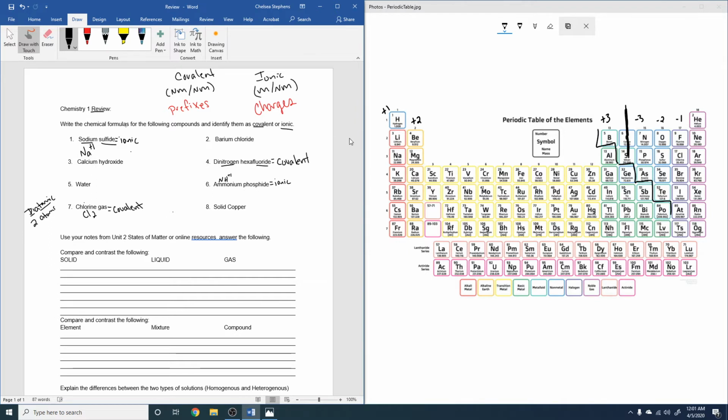Okay, and we have sulfide, which is in our -2 column. This is when we flop our charges, okay? So this one will go here. This one will go here. So we have Na2S.